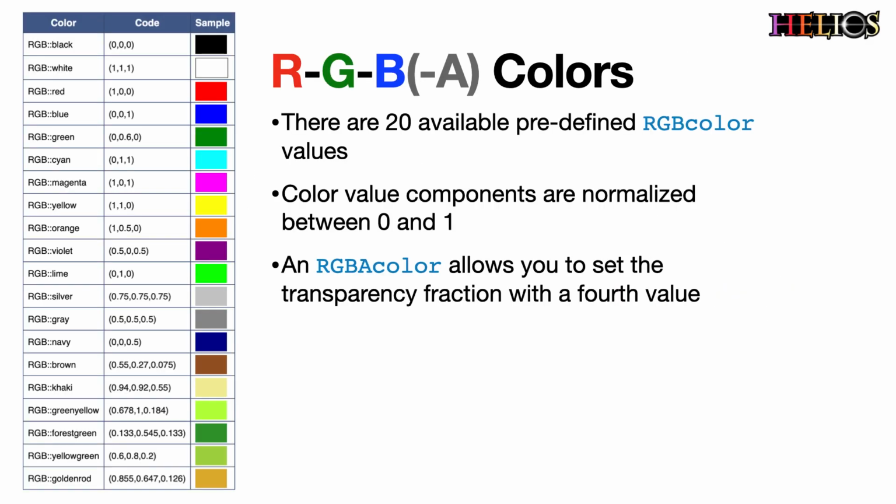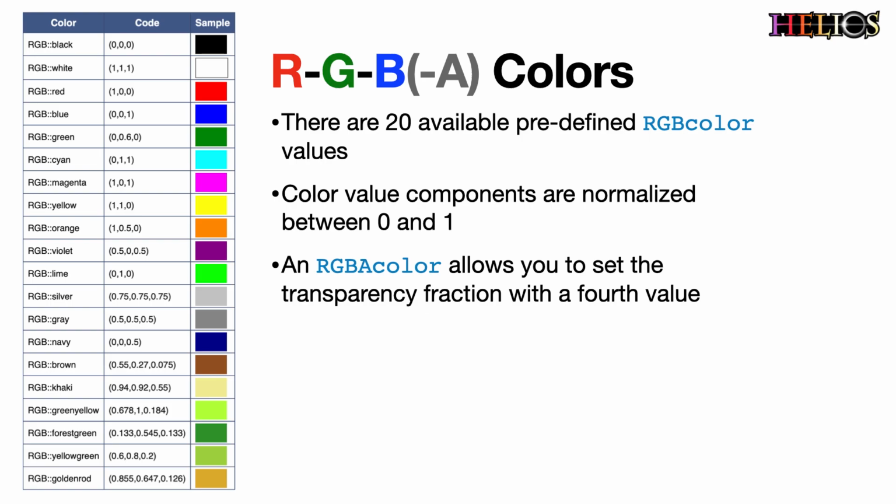And lastly, we have a number of built-in RGB colors. So we have 20 predefined RGB color values. So these are referenced using the RGB in capitals and then 2 colons, and then the name of the color. And this table here, which is also in the documentation, shows what those are.